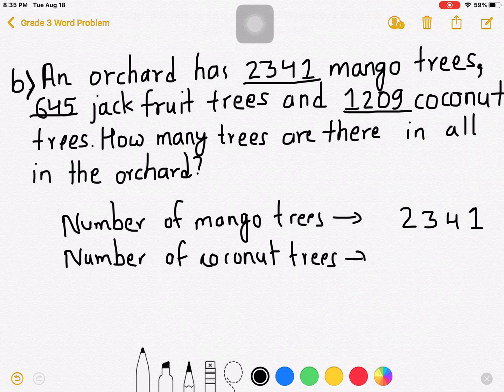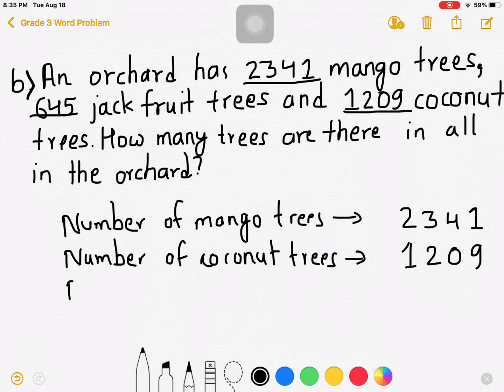Trees, trees, that is 1209. Now another number of trees. Which trees? Jackfruit trees, isn't it?